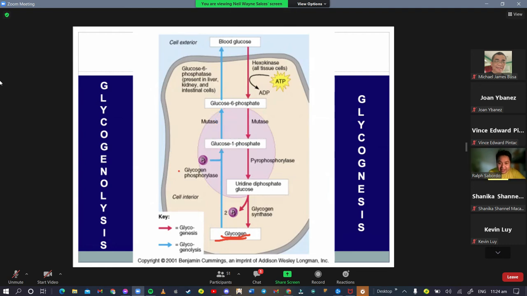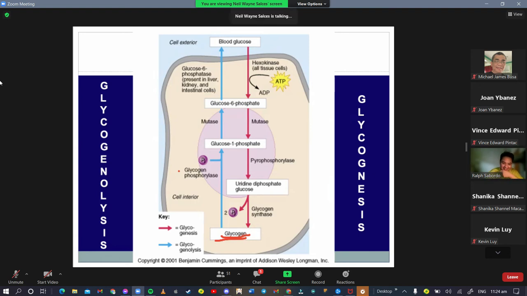And reversible. And this glucose 6-phosphate is then used up in the liver cells, but in the muscle it is used as ATP, because the muscles can't turn this into glucose.